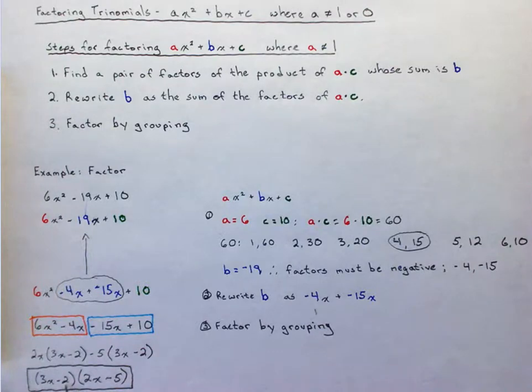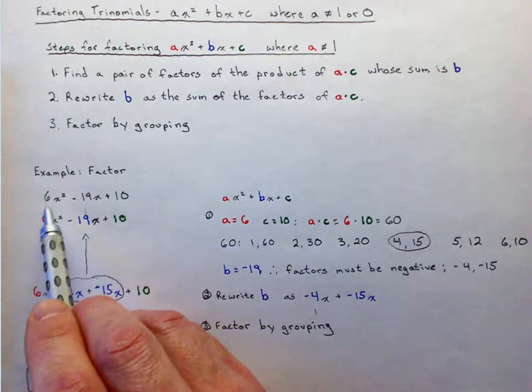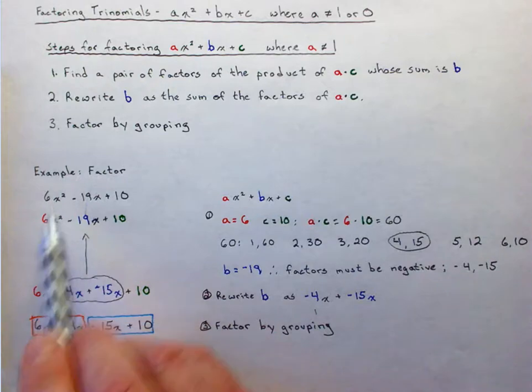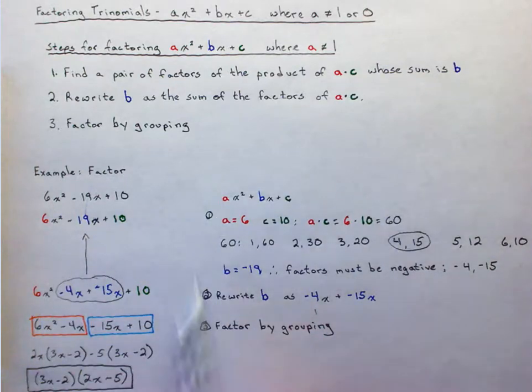I have 3x minus 2 times 2x minus 5. I will say this, in some of your problems you may be able to see the answer and not have to do all this. The check, whenever you're correct, is by multiplying this back out.